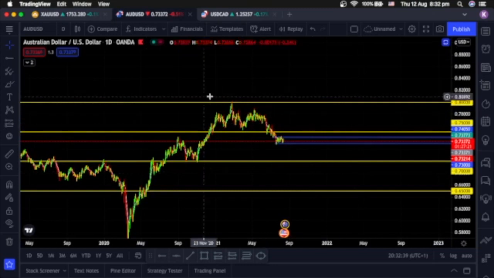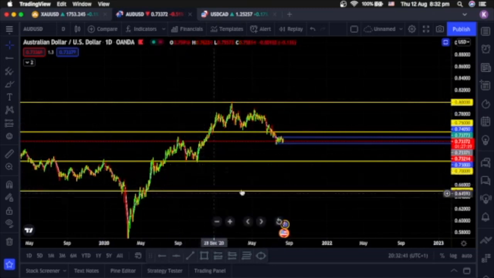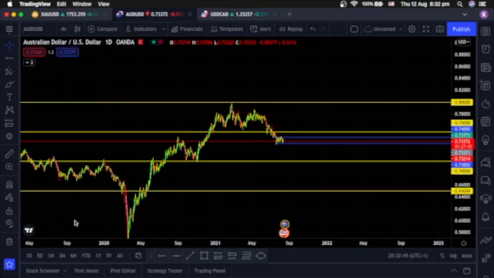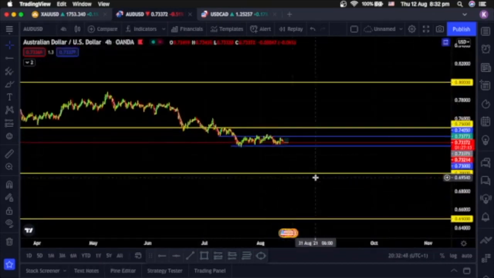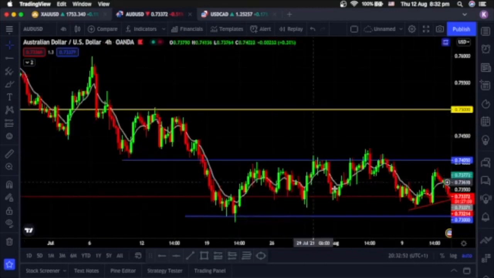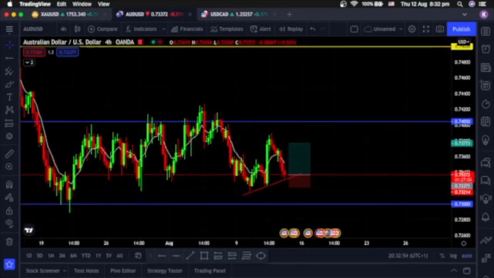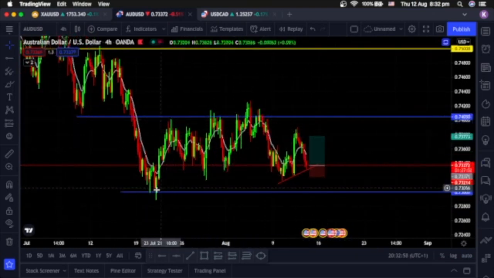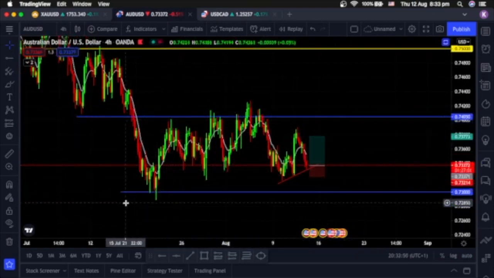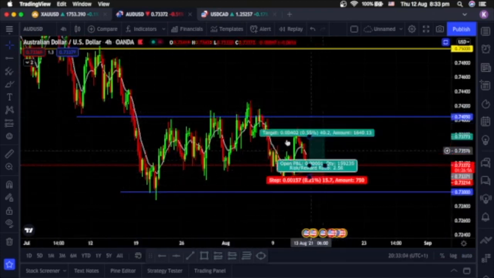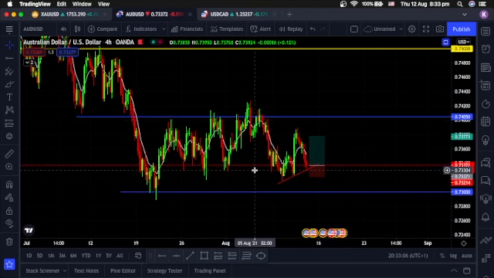So once you do that, then I usually go to the 4-hour time frame, and from there, if you look closely, you see I have blue lines here. These are like the mini support and resistance, and the price is basically ranging within these two blue lines.